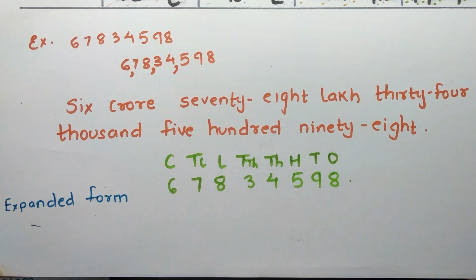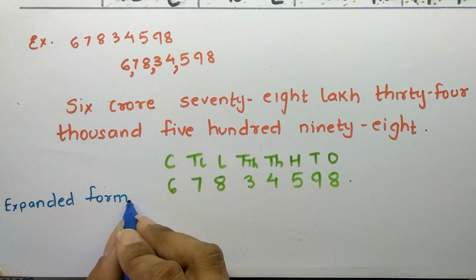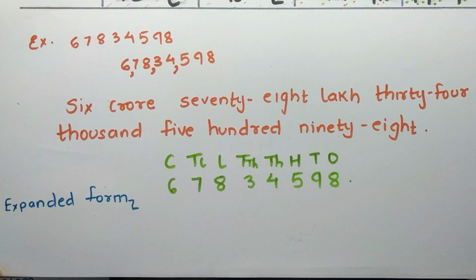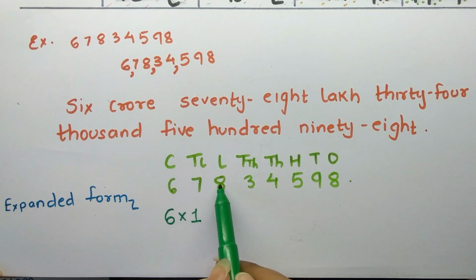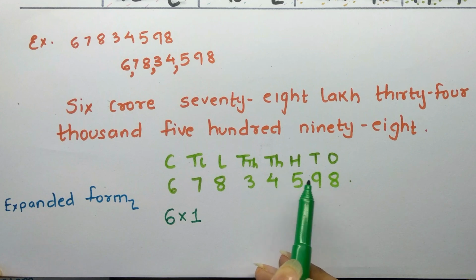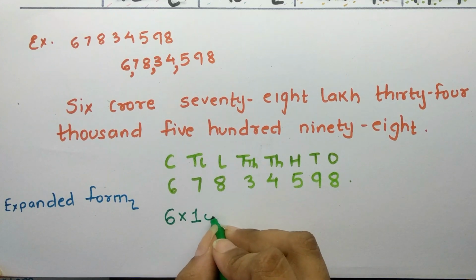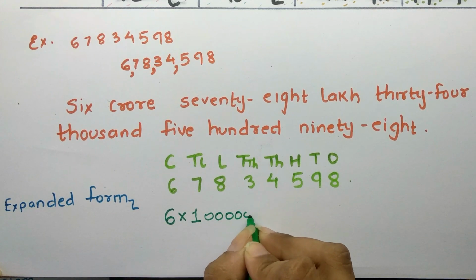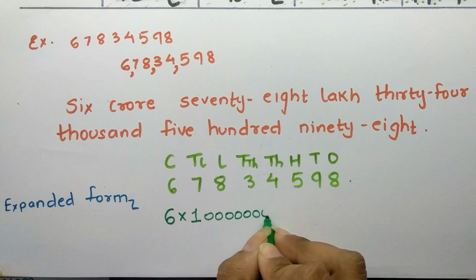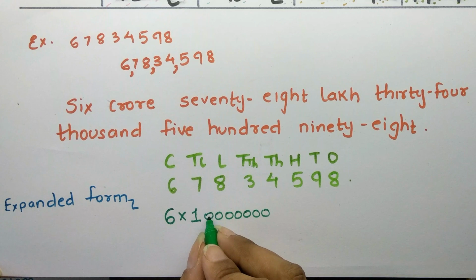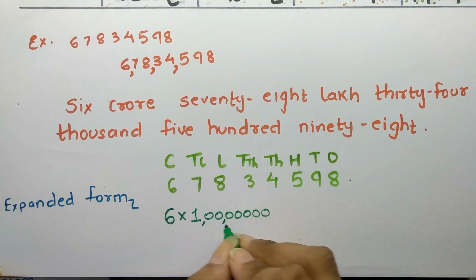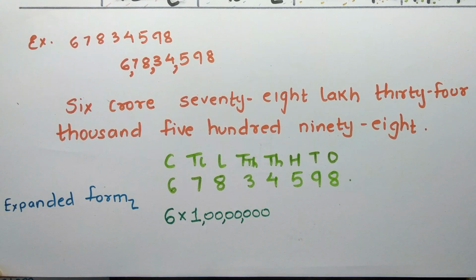Now, let us write the expanded form of the number. To write the expanded form, you will simply multiply each digit with its place value. There is a shortcut of doing this. Write down the given number. So I've written 6 multiplied by 1. Now I will count how many digits are there after 6.